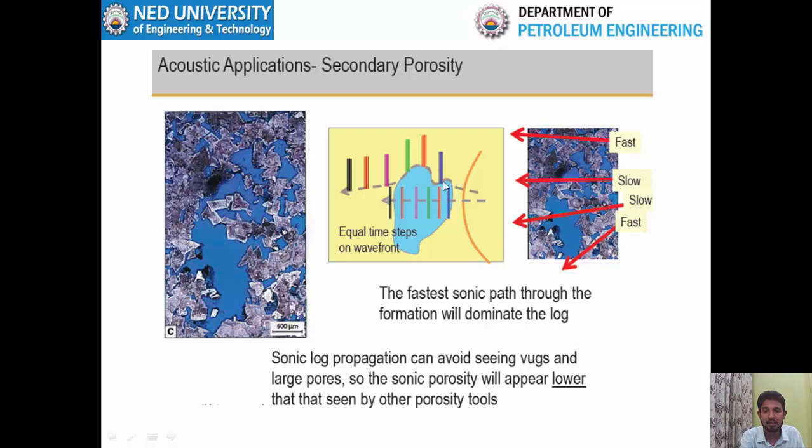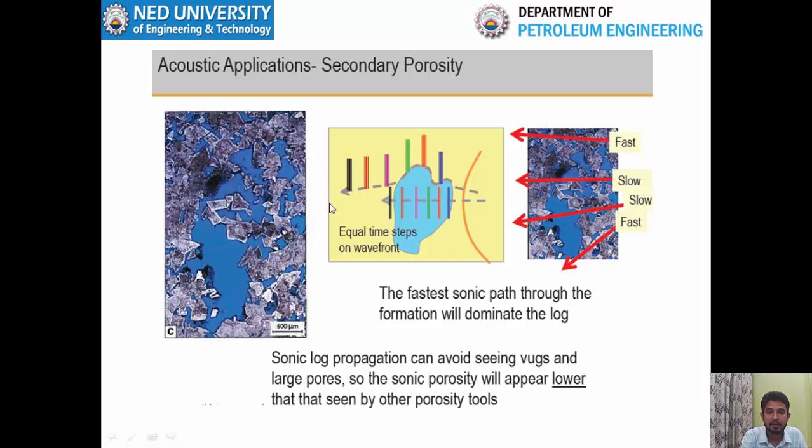So this is a large vug, and when the sound wave comes across this vug, the velocity of the P waves through this pore will be slower as compared to the velocity of the sound wave that is moving surrounding this vug.